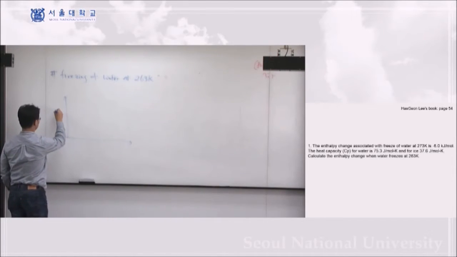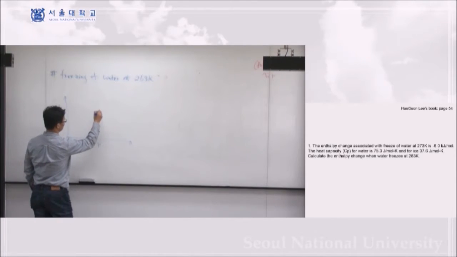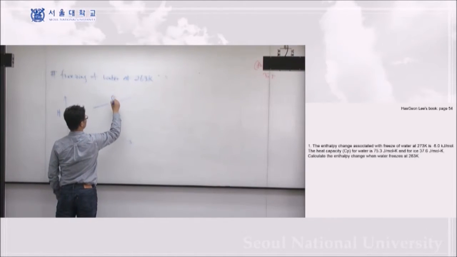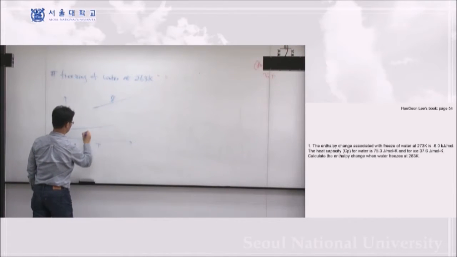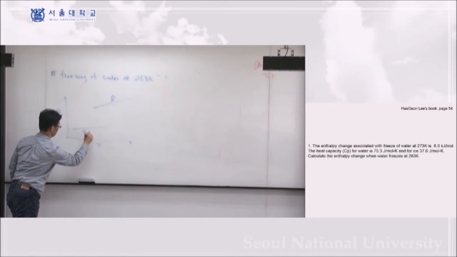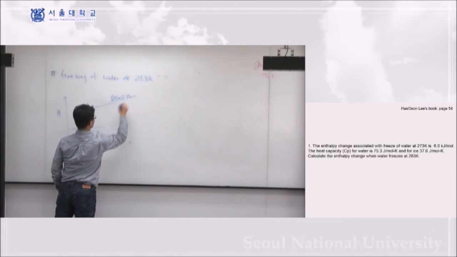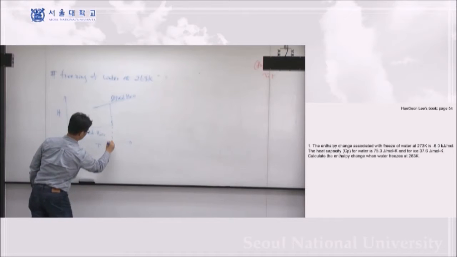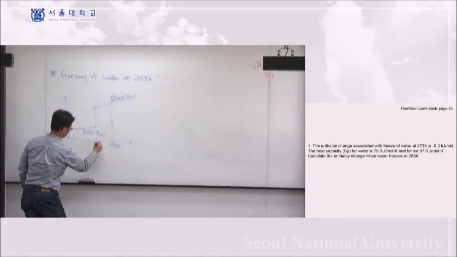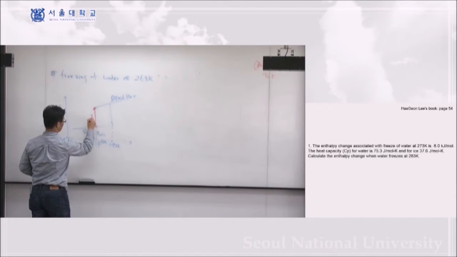So, enthalpy H and temperature. Let's assume I have liquid water, and I have solid. My usual phase transition temperature is 273 Kelvin. But now I'm freezing at this temperature, 263 Kelvin. My question is, what's this value?